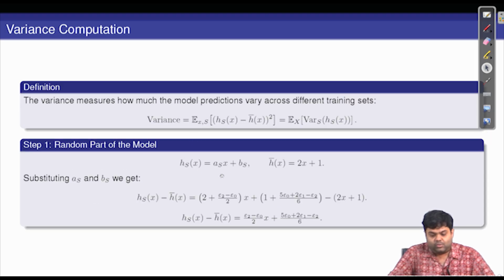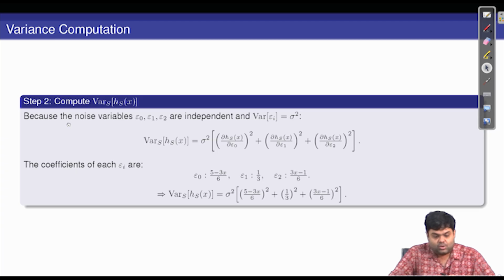And similarly, you can get into the computation of variance. h_S(x) is this and h-bar x is this. Take the difference between h_S(x) and h-bar x. This becomes basically this times x plus this, minus 2x. Now you have this expression.